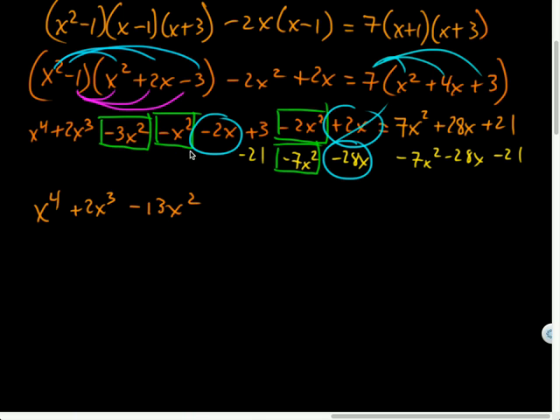So these kind of cancel out, and then it's just -28x. And then I've got positive 3 and -21, which would be, I believe, -18 equals 0.